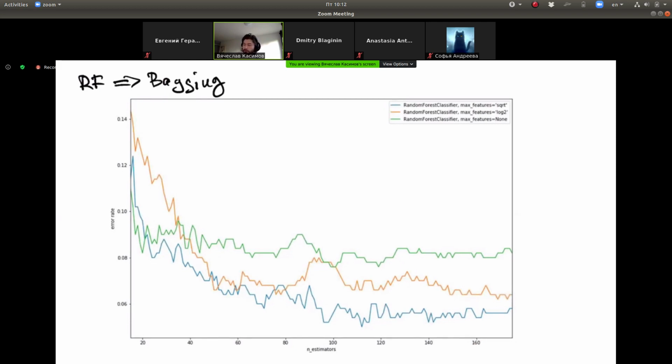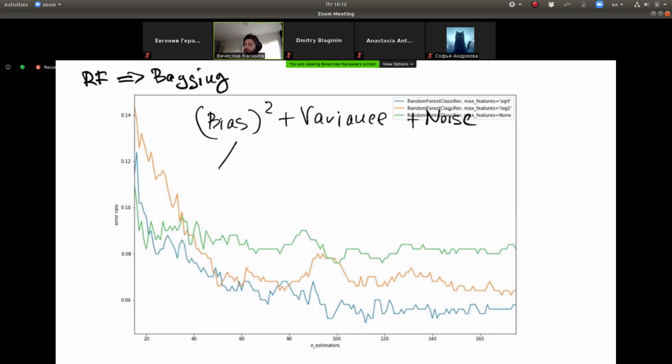Why? So what did we do? You remember that the error is somehow bias plus variance plus noise. And if we have the same bias for each algorithm, bagging keeps these terms and decreases the variance.